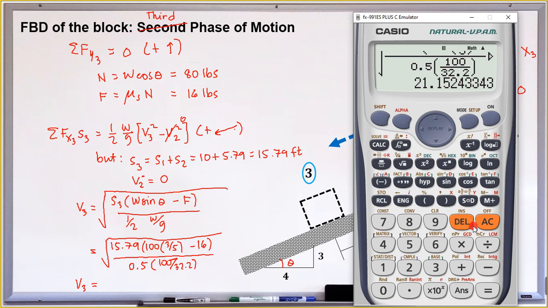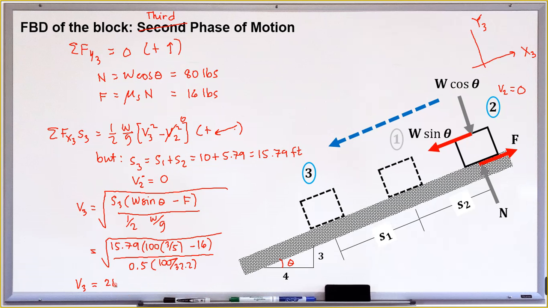So we have a velocity of 21.15 or approximately 21.2. So 21.2 feet per second. So mao na siya yung velocity pag return niya balik sa initial position.